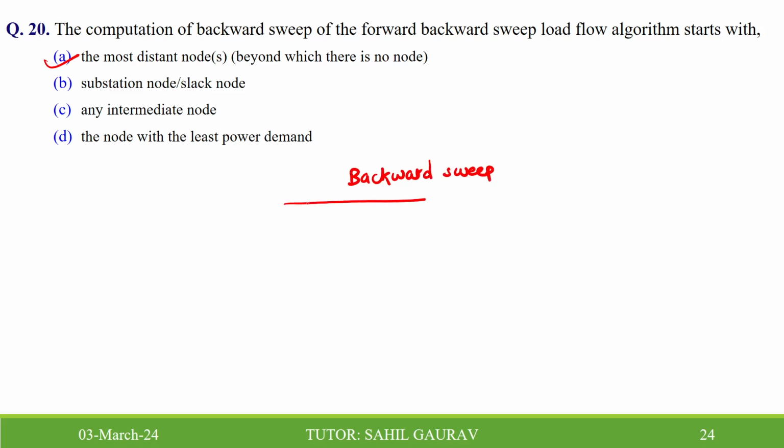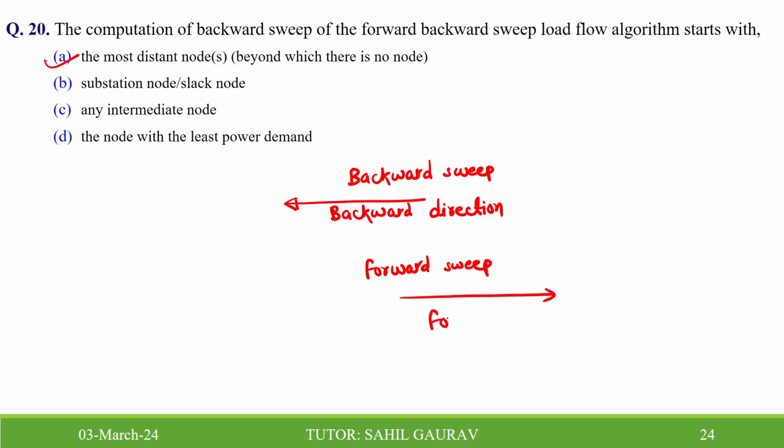Backward sweep means you have to start from the last node and travel in the backward direction. And for forward sweep, you have to go in the forward direction.